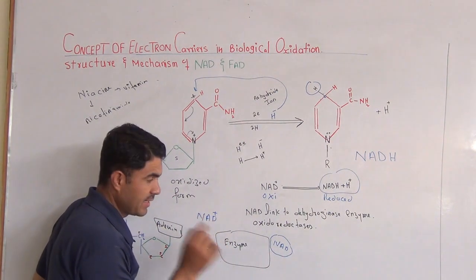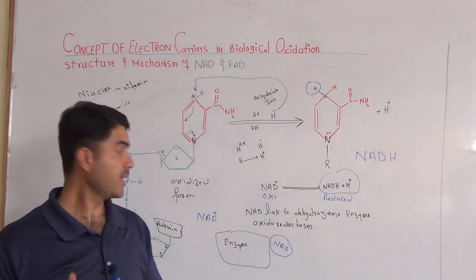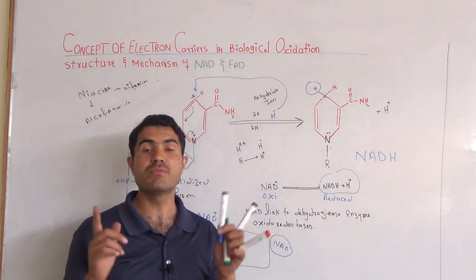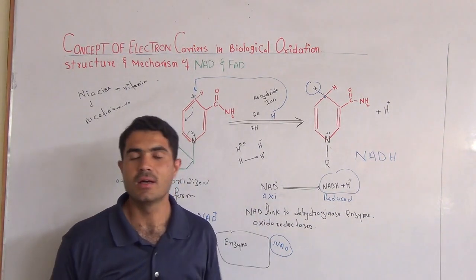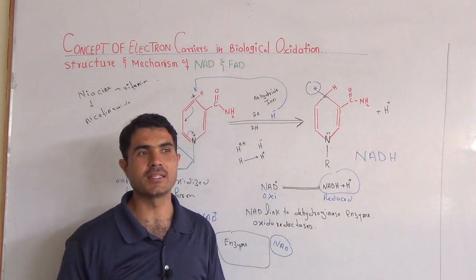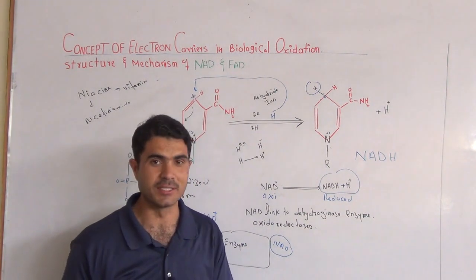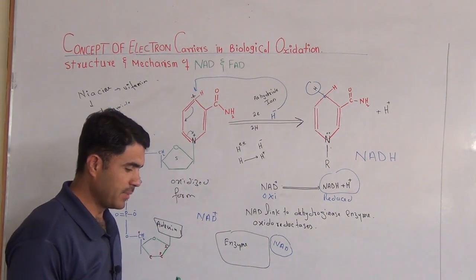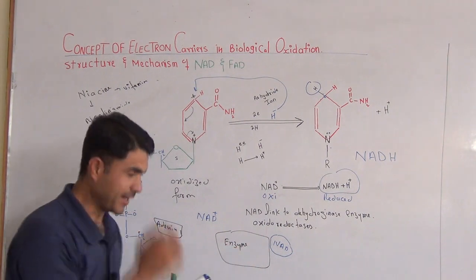What is the name of that enzyme that is usually linked with NAD? The name of those enzymes is dehydrogenase enzyme. And remember, dear students, you will find the enzyme dehydrogenase frequently in the metabolism of carbohydrate, lipids and protein.